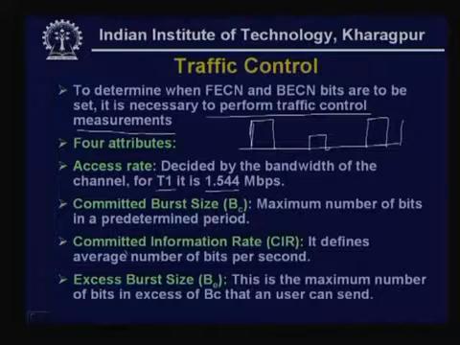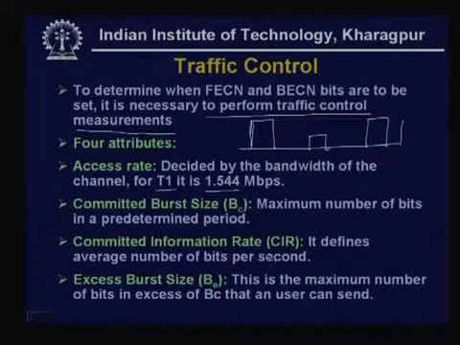Then the third parameter that is being used is committed information rate. It defines the average number of bits per second, that means it performs the averaging and finds out whether the average number of bits, that is essentially related to the access rate, and this parameter is also specified in the beginning.